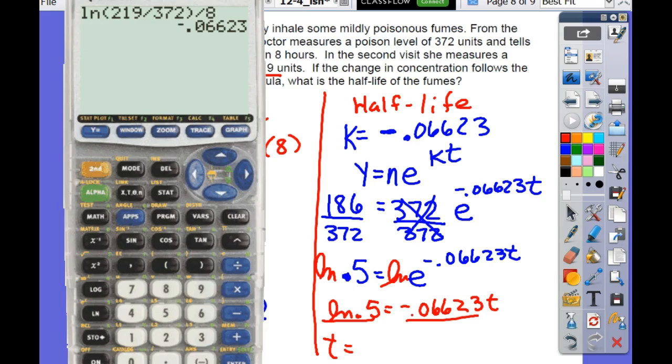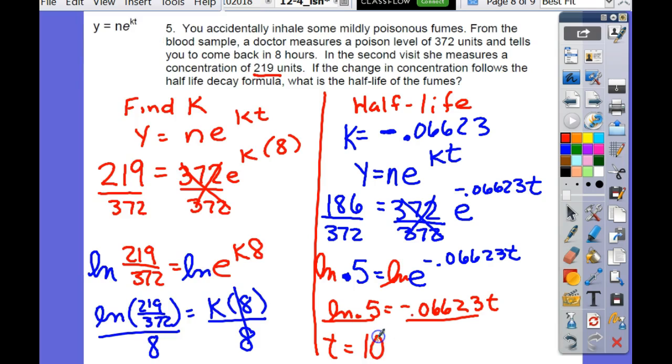I'm out of room in my paper over here. I'm going to take the ln of 0.5 divided by negative 0.06623. That will be about 10.47 years. It doesn't really, years or days? No, not either one.